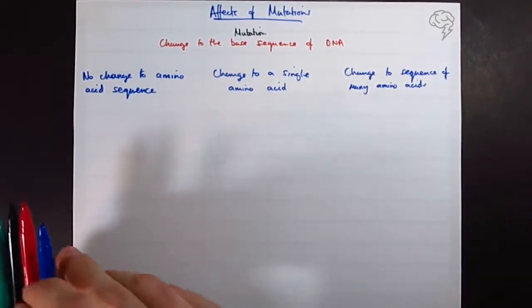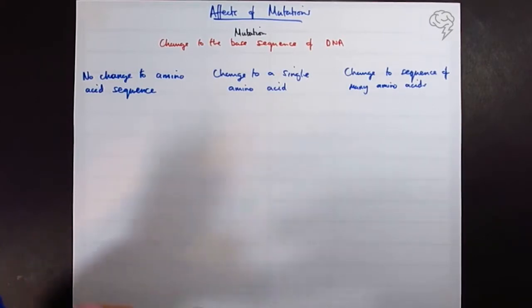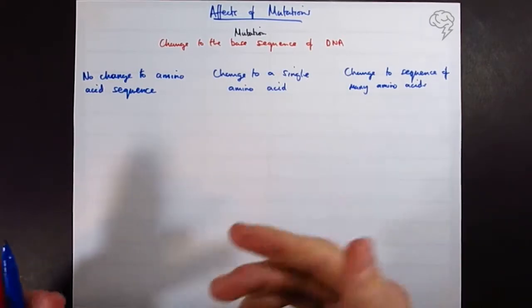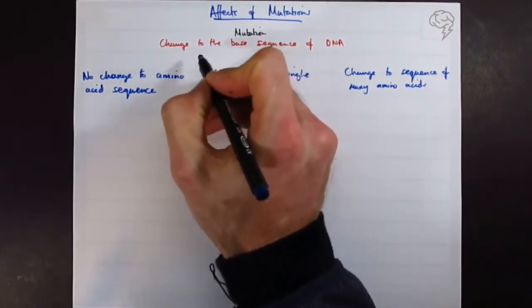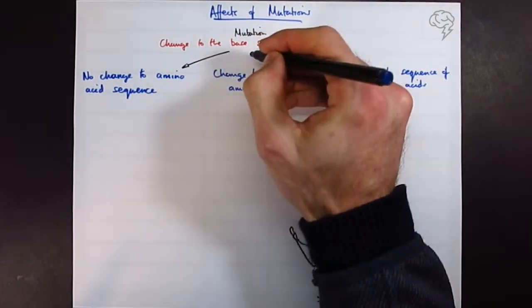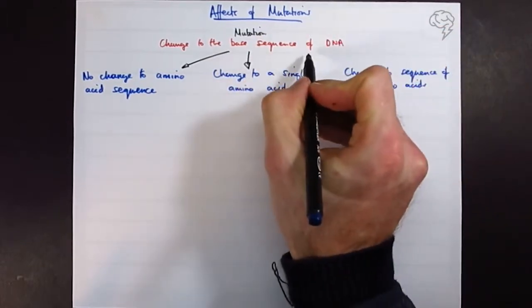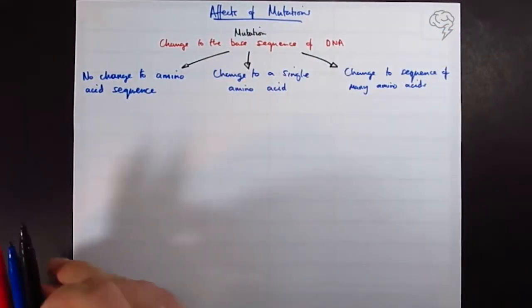If you're not clear on transcription and translation and how the sequence of nucleotides on DNA is transcribed and translated into the sequence of amino acids, then that's your first starting point. I'd go back and check that first of all.